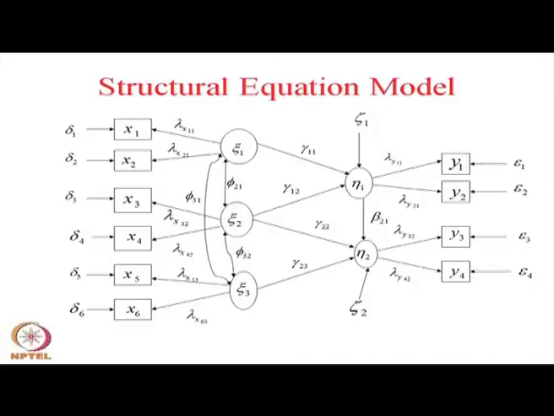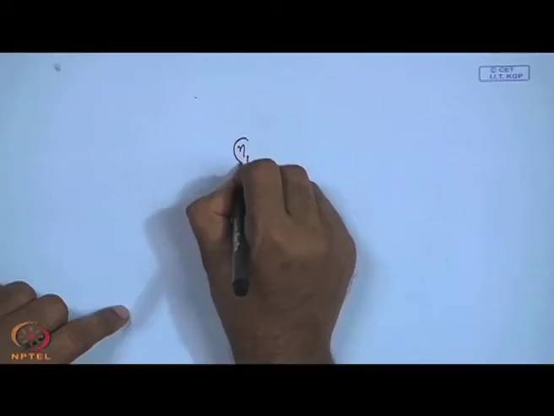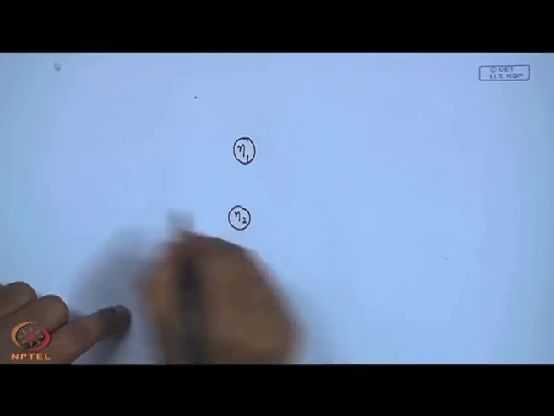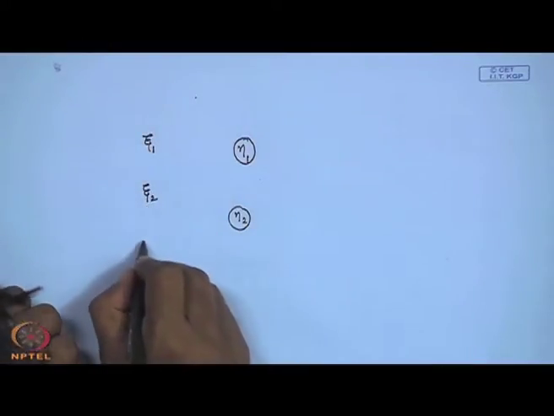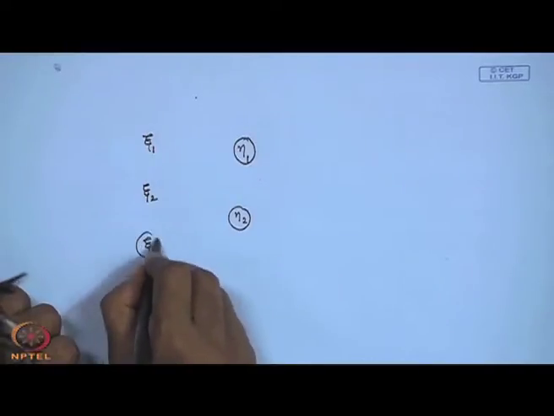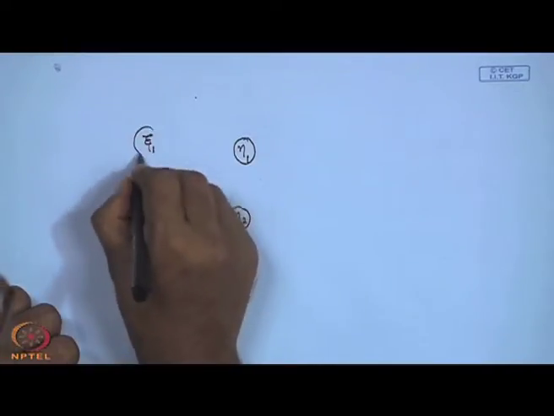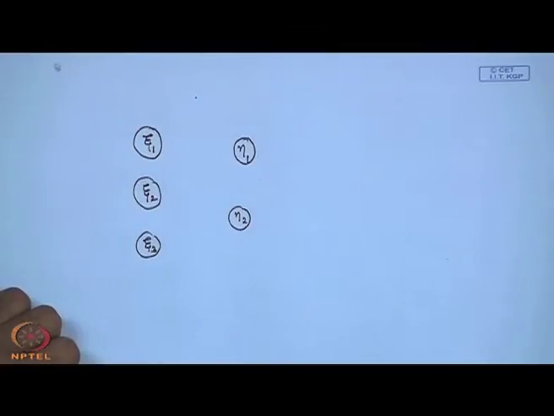Now see one big picture where we are doing like this. First let us think that there is one variable eta 1, another variable eta 2, and these two variables are affected by some variables called xi 1, xi 2 and xi 3. Okay.